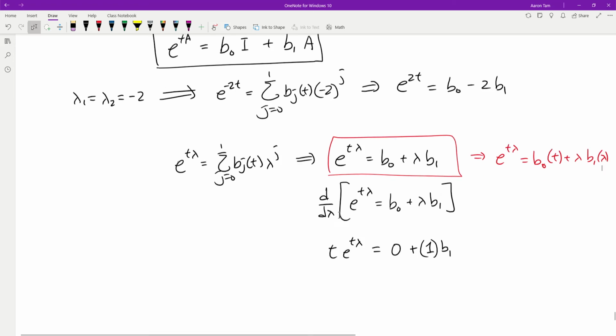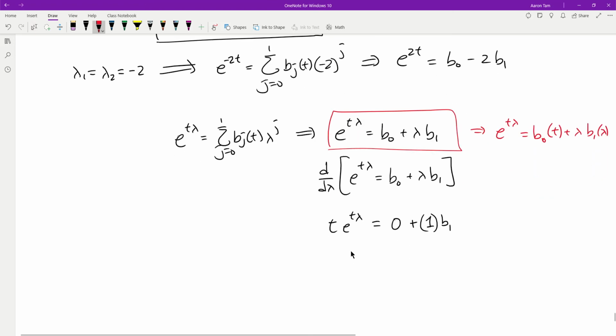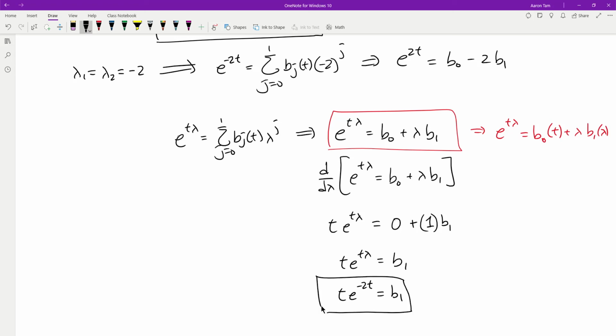And so if you look at this, it actually comes out pretty neat because this simply tells me t e to t lambda is equal to b1. For our repeated value, lambda is -2, so t e to -2t would equal b1. That's actually pretty good because that already solved for one of them.